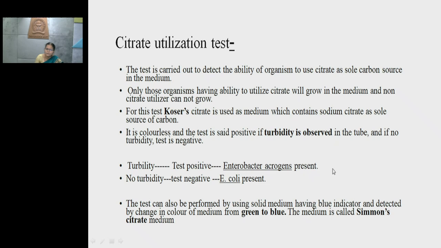So for this test, Koser citrate medium is used, which contains sodium citrate as a sole source of carbon, and the medium is colorless, and the test is said to be positive if turbidity is observed.